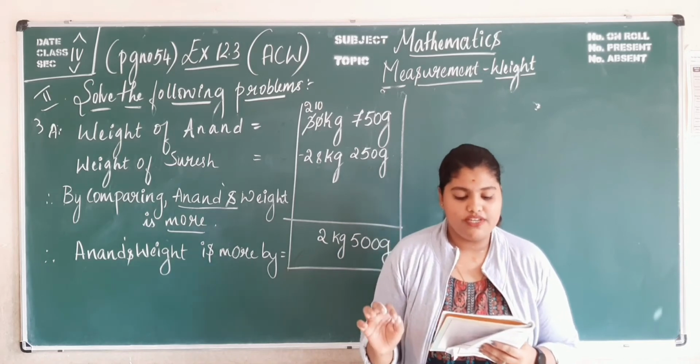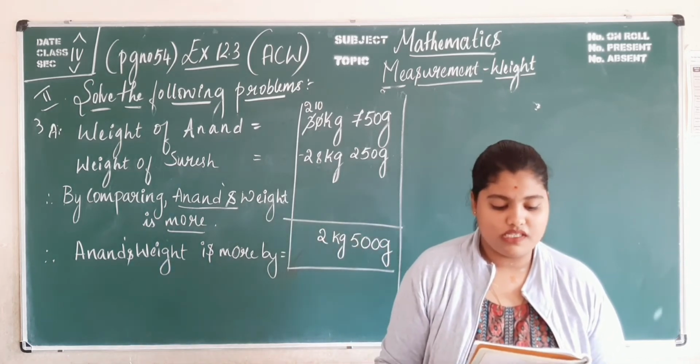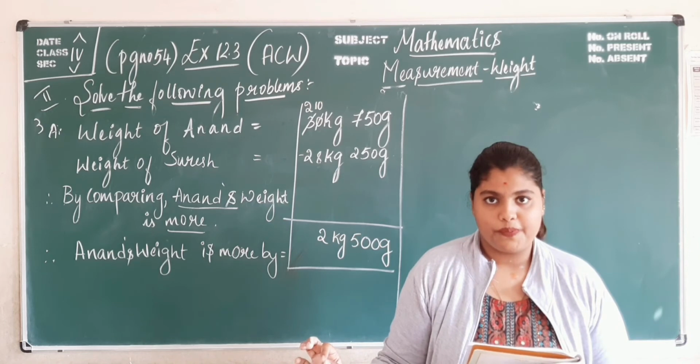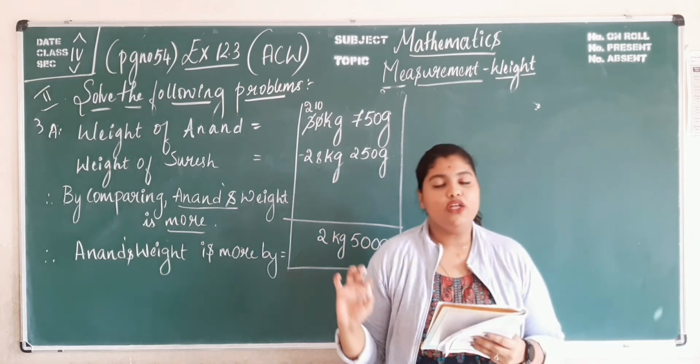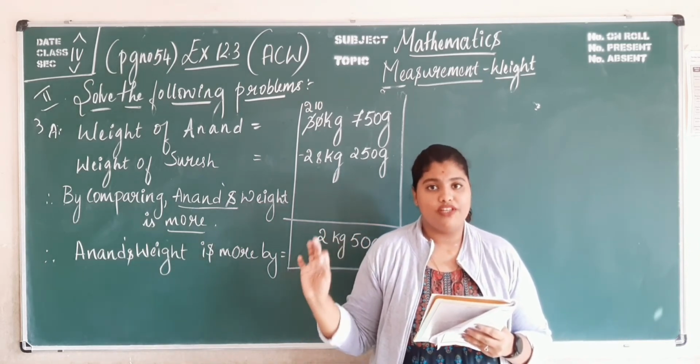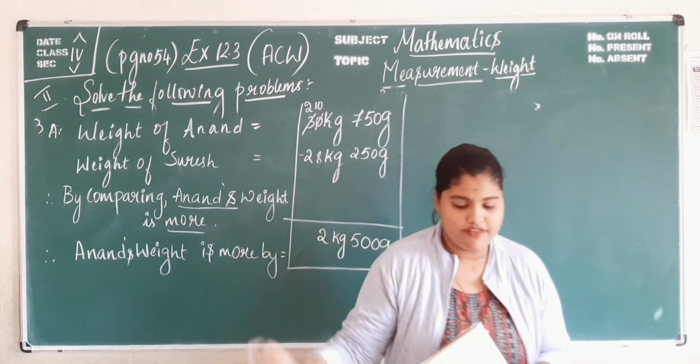So what is the first statement? 20 kg 250 grams of sweet was bought for a naming ceremony of a child. Yes, weight of sweet bought for the naming ceremony. Very good.